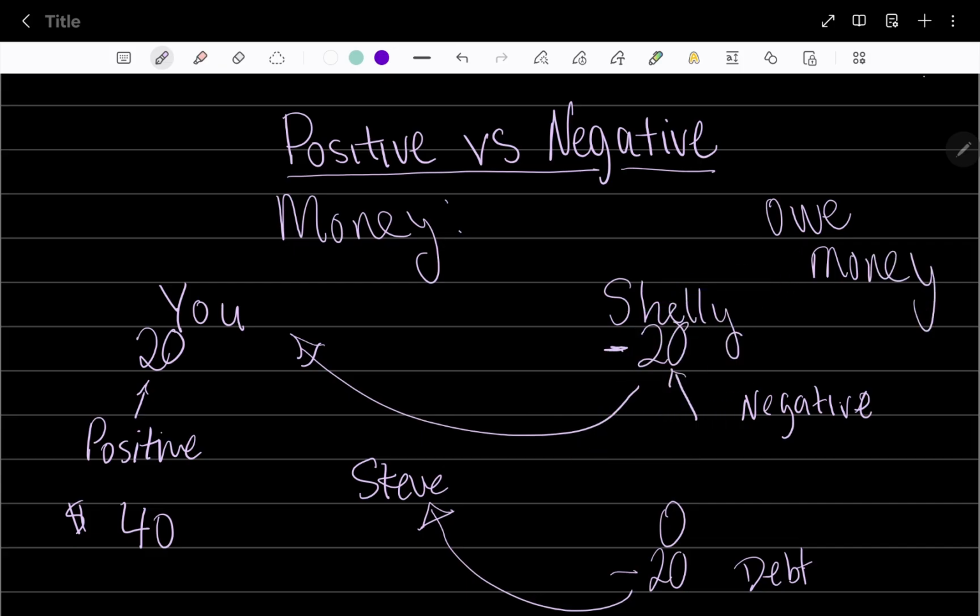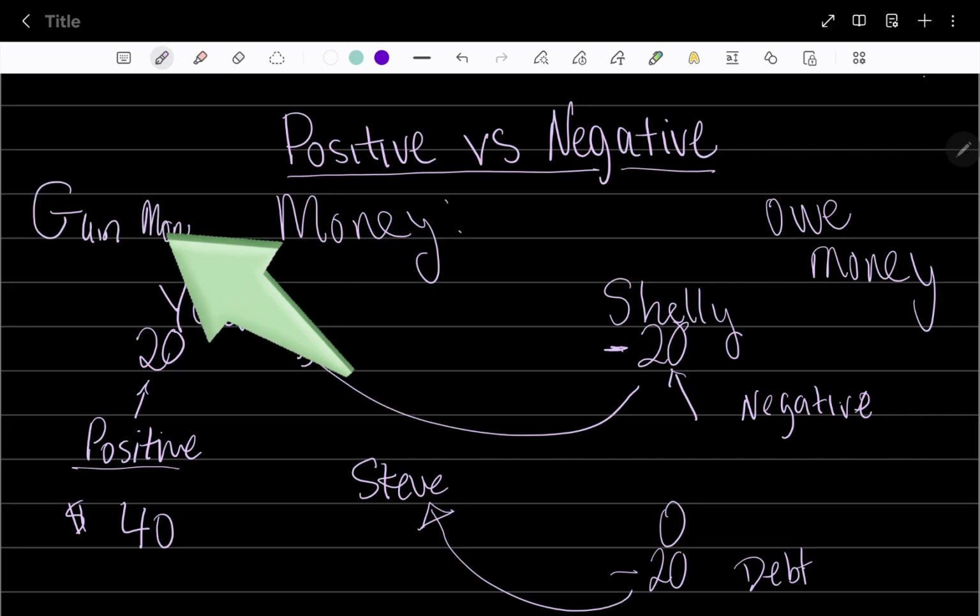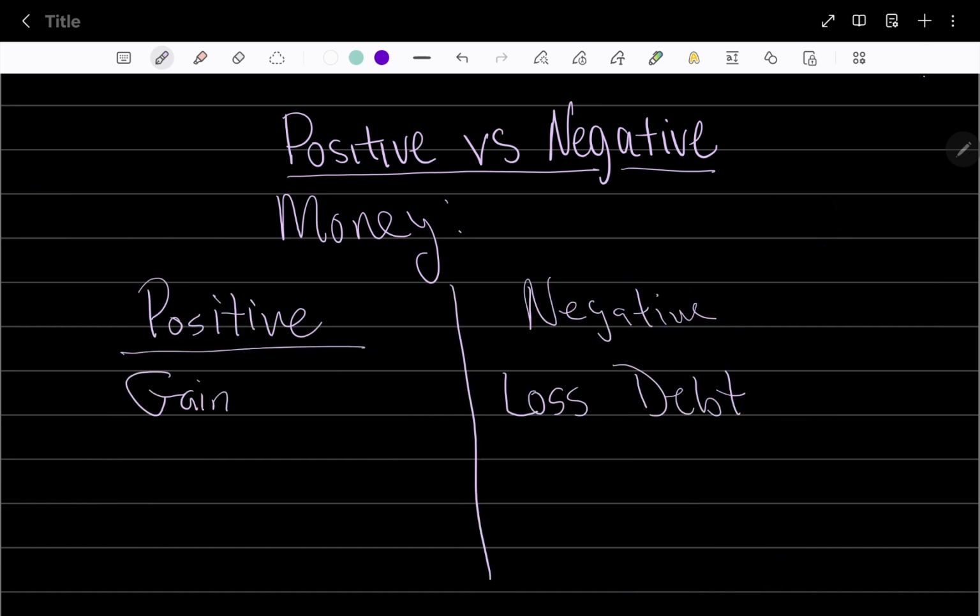But if you have a positive, then you gain money. So let me clean this up a bit. So when it comes to money, when you hear of positive, you typically think of gain, where you have an increase in your money.